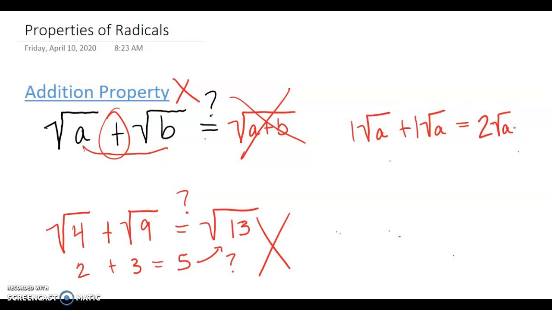That's the only way we can add radical expressions together. We have to have the same radicand, the same expression inside the radical, in order to add. Otherwise, don't add them together.